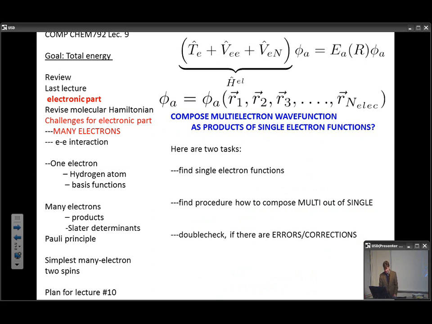Okay, so we can probably partition our plans, our goals, our effort into three categories. We can find those single-electron functions, which can be helpful later with our philosophy to use them as building blocks for the total solution.